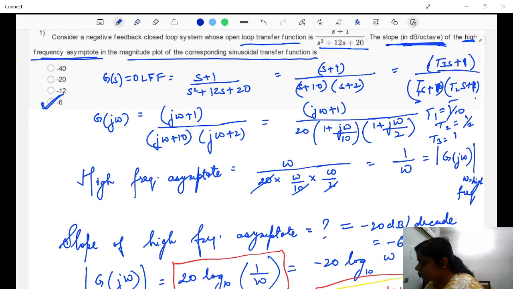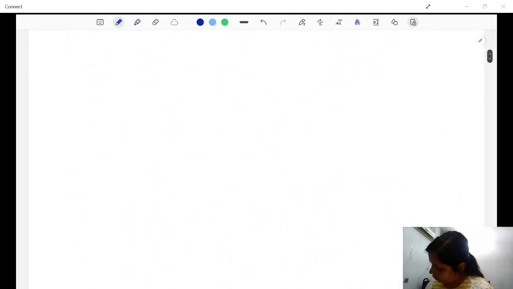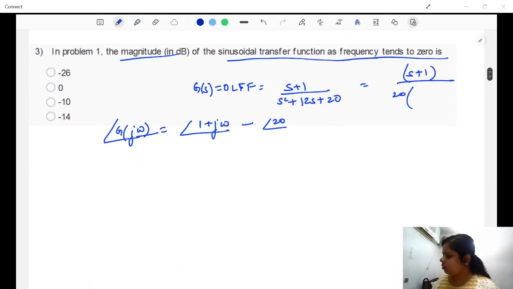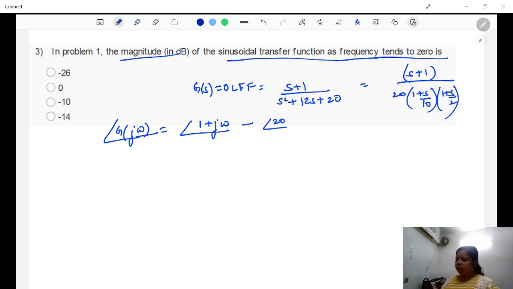Plus j omega by 10, 1 plus j omega by 2. Now we want to find out angles corresponding to this. So everything that is in the denominator has a negative phase. Everything in the numerator has a positive phase.